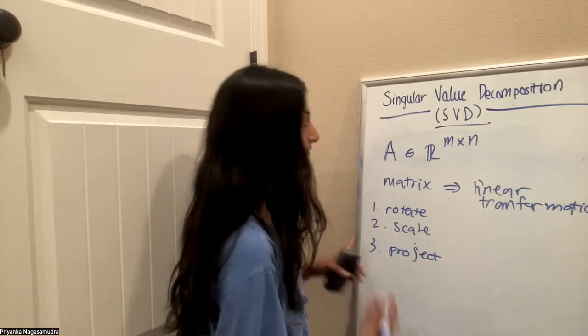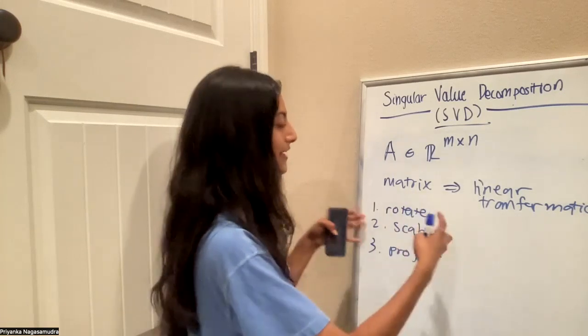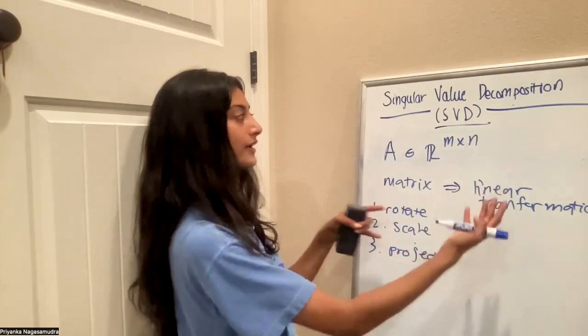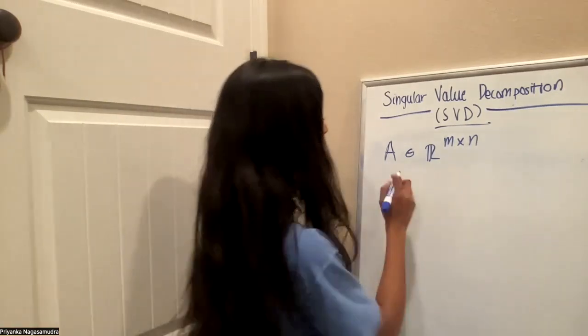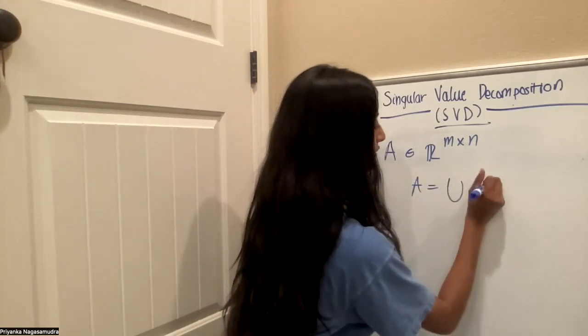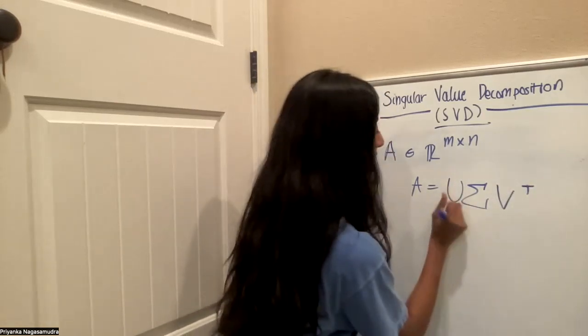Having a matrix with this limited scope of operations is really what singular value decomposition is trying to take advantage of. So now let's look at that in the context of singular value decomposition. What is it specifically doing?